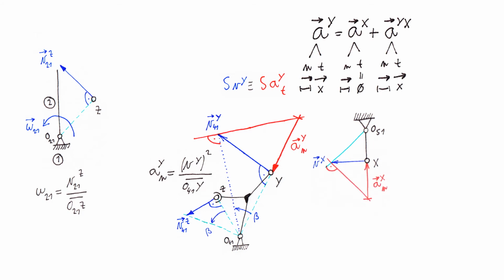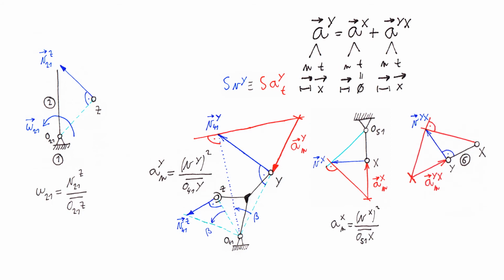For the point x, the reference, we know the velocity, therefore we know the normal component magnitude, and the tangent is equal to 0 because omega 5-1 was constant.